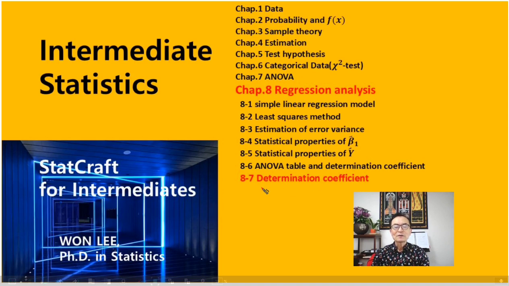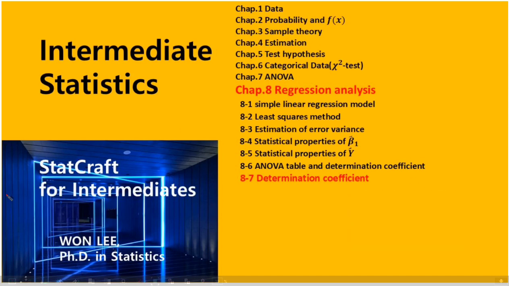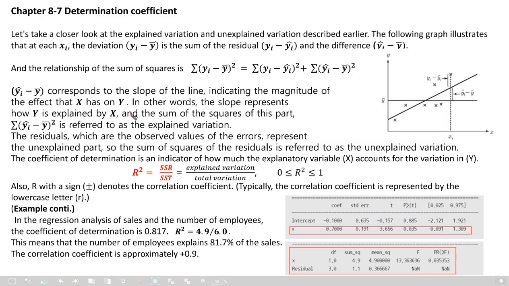Today, I'm going to explain the determination coefficient since it is a very important concept in regression analysis. Let's see a little more about it. Let's take a closer look at the explained variation. Variation terminology is similar to sum of squares.